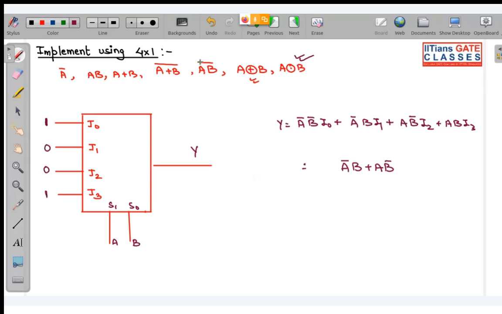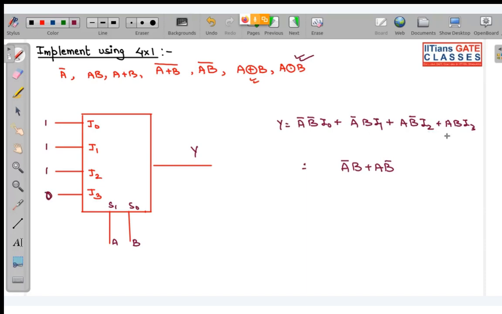If I want the complement of AB, meaning NAND operation, if I take this, I will be getting NAND.